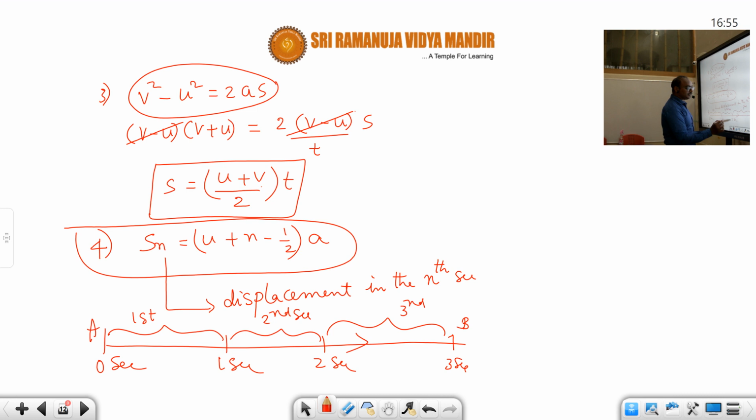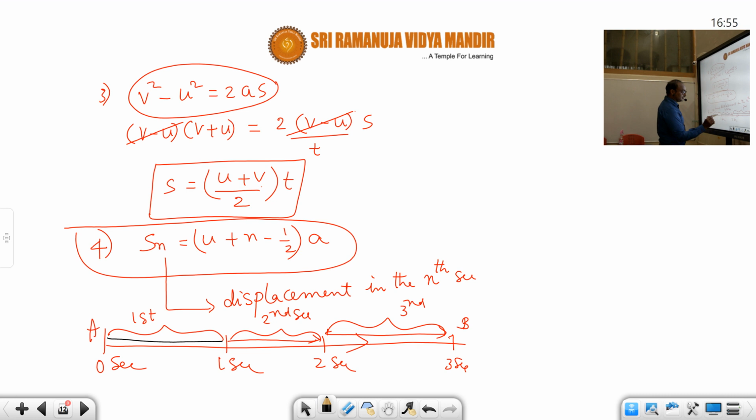The displacement traveled in the second second means from this particular point to this particular point. Suppose they are asking the displacement traveled in the first second, this is the displacement traveled in the first second, from the start to this point. Then we have to use this formula.